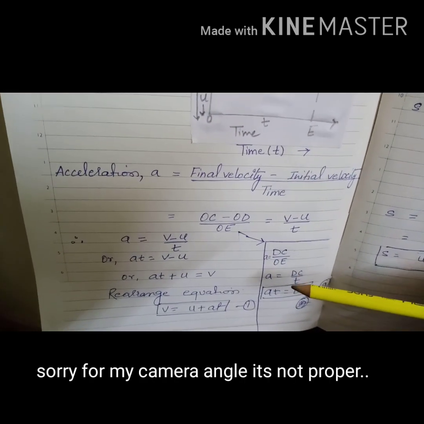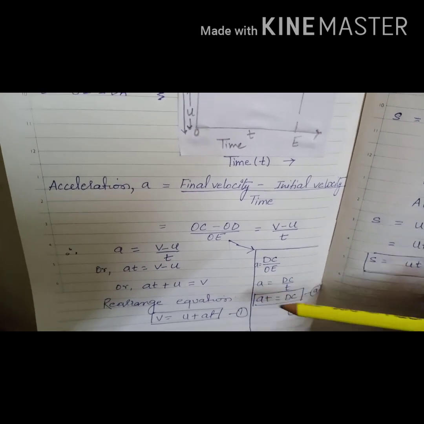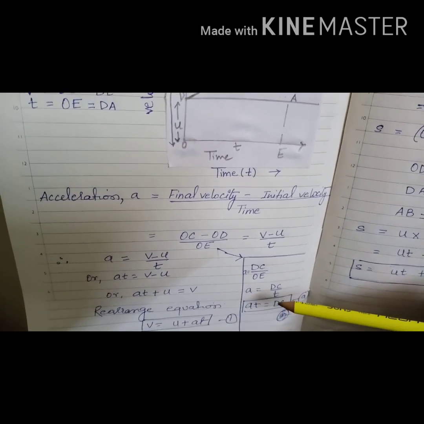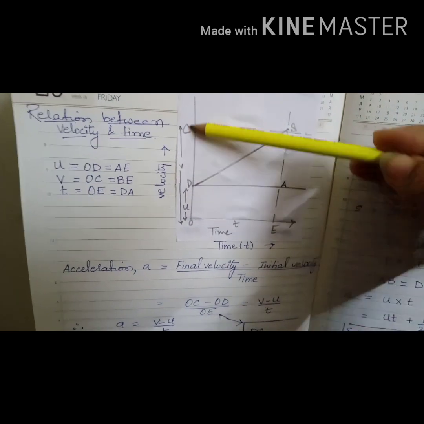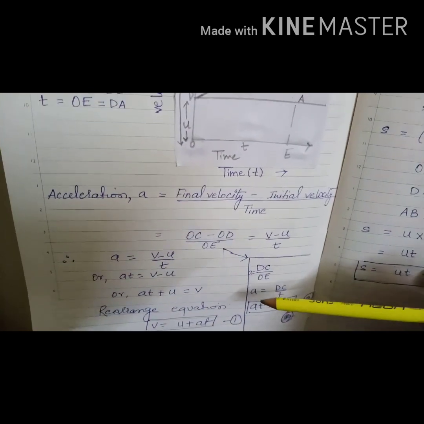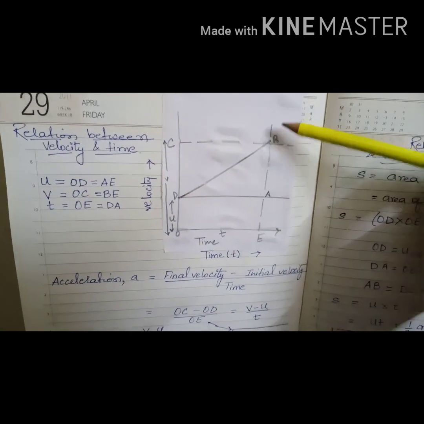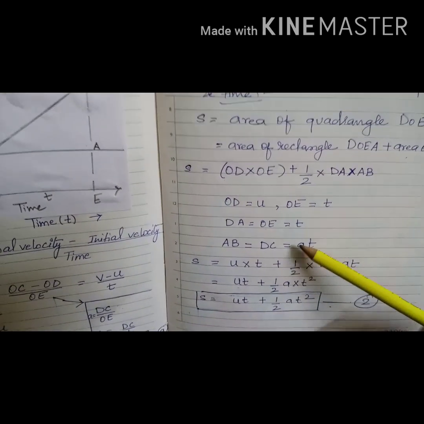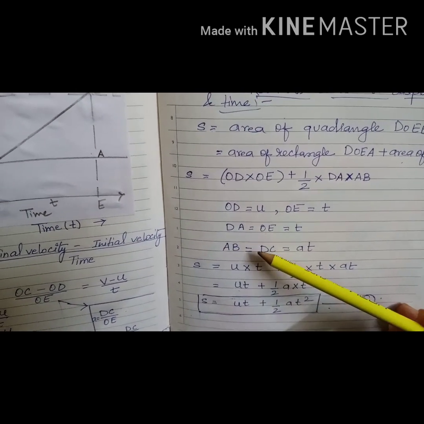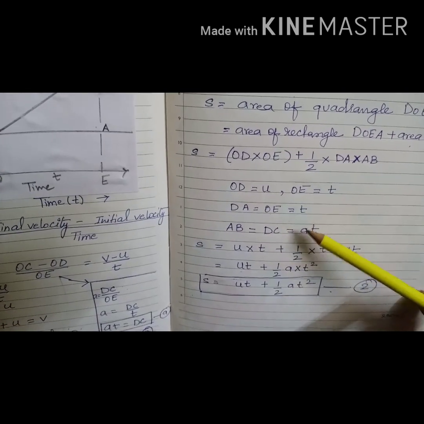So DC cross multiply, AT, and this is equal to DC. So DC is equal to AT from here we have got, and we know that DC is equal to AB. So we can substitute the value of AB, which is equal to DC, is equal to AT.